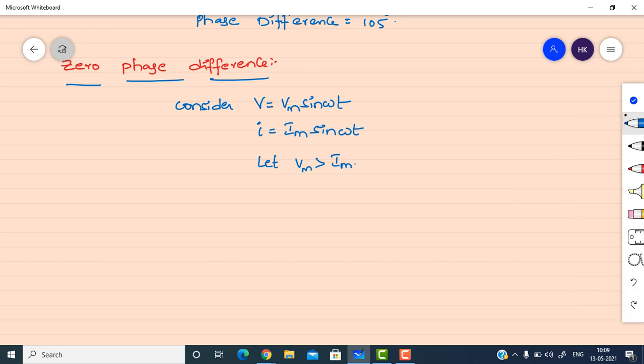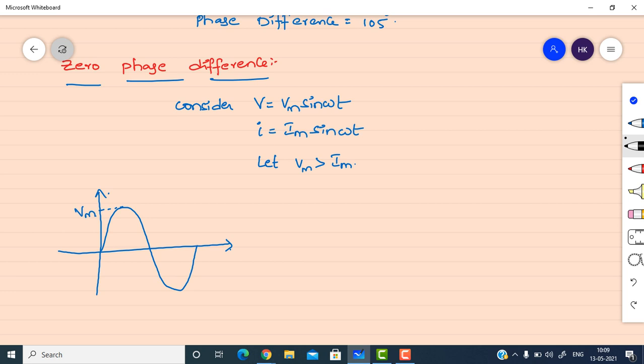Now I want to represent these two in waveform representation as well as phasor representation. How can we represent in waveform representation? First I am drawing the voltage waveform. This is Vm. Next, the current waveform.